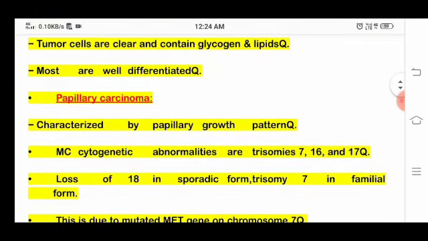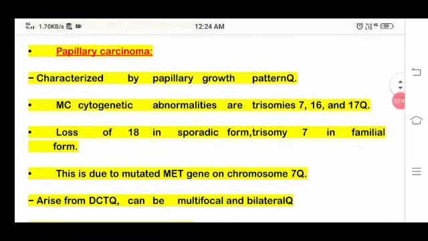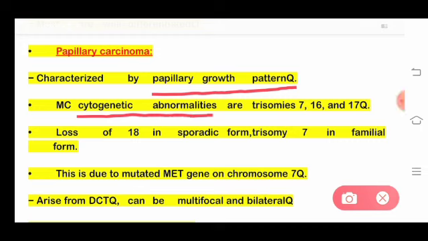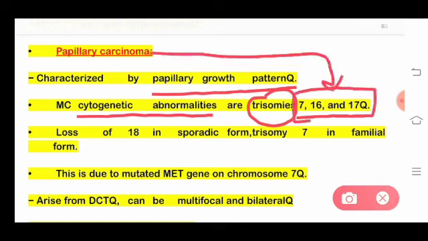Moving to papillary carcinoma, it is characterized by a papillary growth pattern, and the most common cytogenetic abnormality seen is trisomy of 7, 16 and 17q. So papillary carcinoma is associated with trisomy of 7, 16 and 17q.